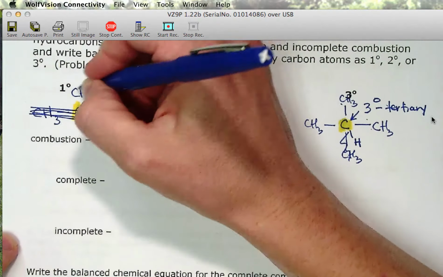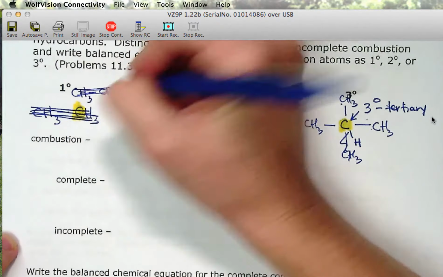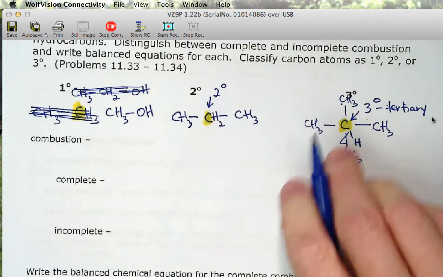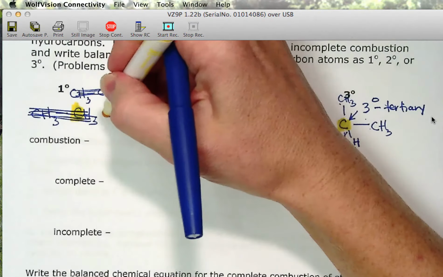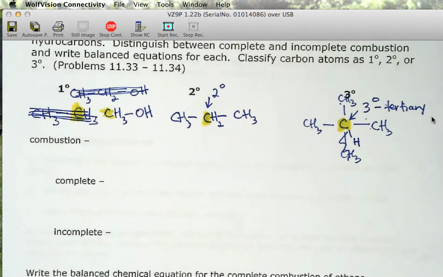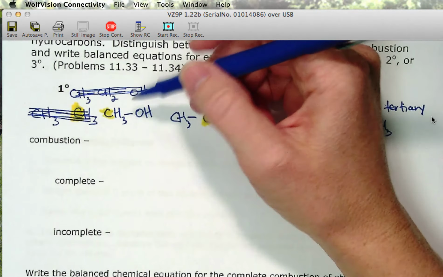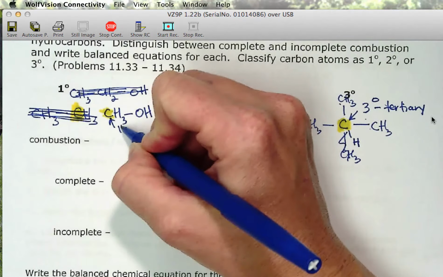I'm off today. Okay, so CH3OH. You see how this carbon right here is bonded to one other group that's not hydrogen. So that makes it a primary.